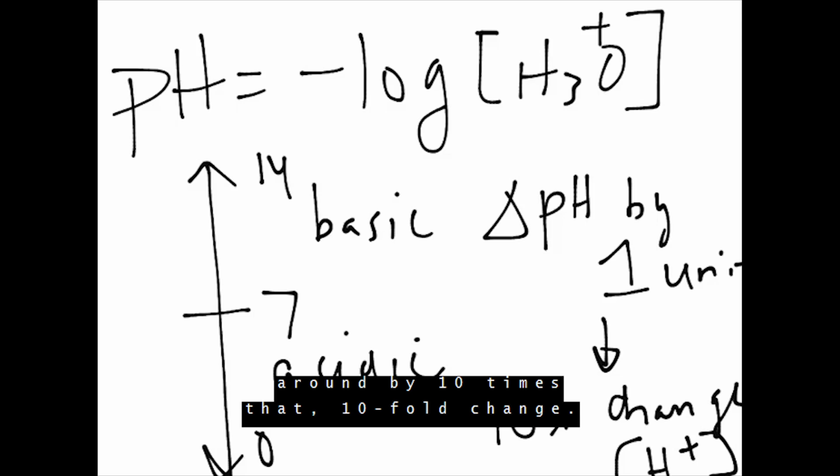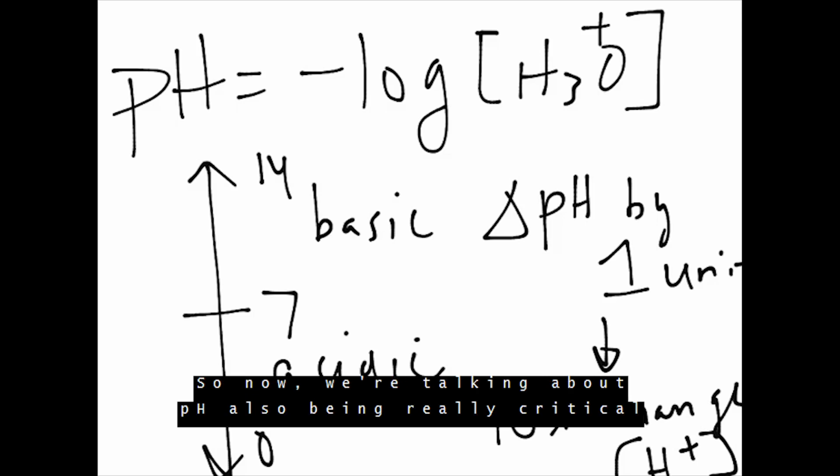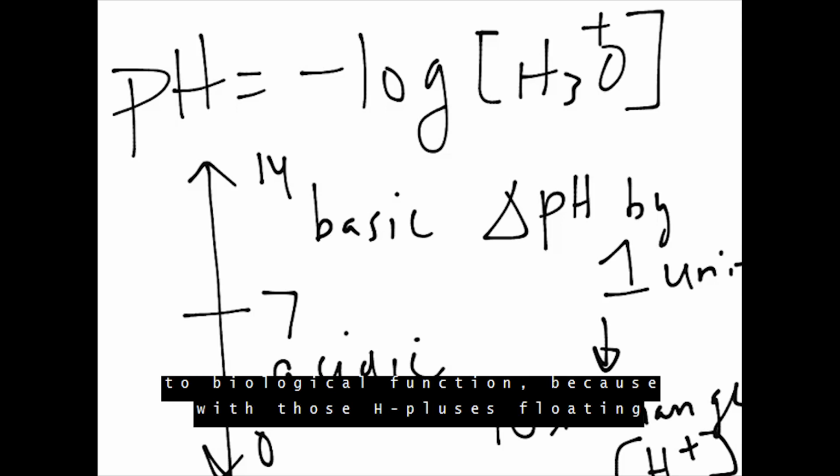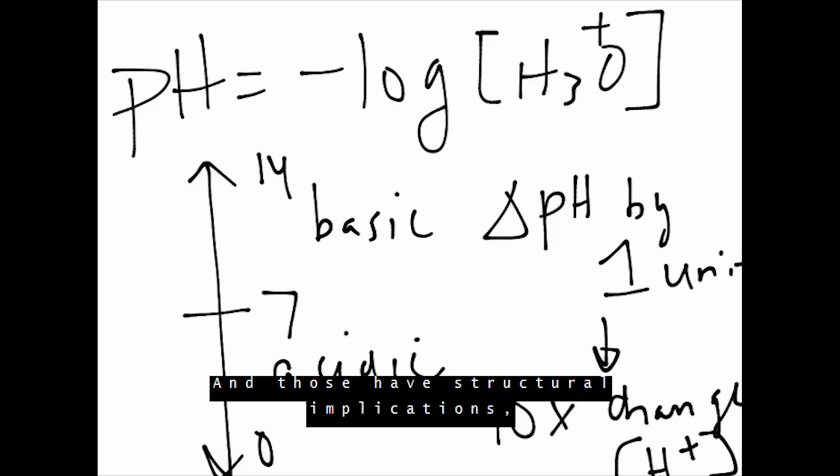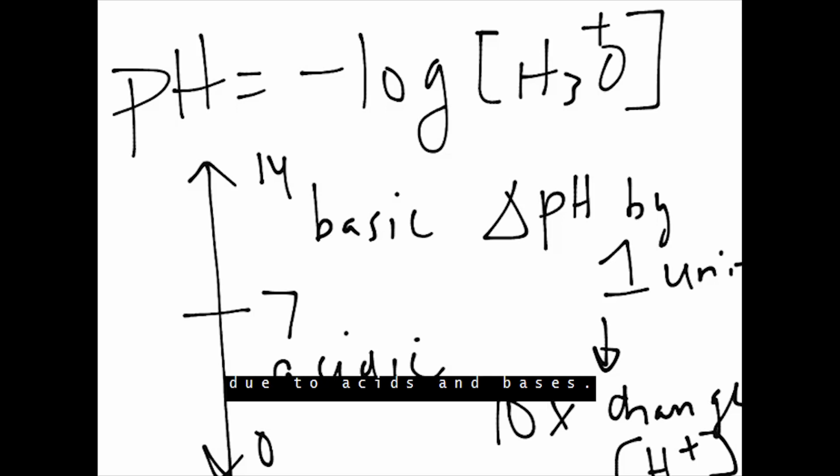Tenfold change. So now we're talking about pH also being really critical to biological function, because with those H pluses floating around, you start changing the protonation state of all of those acidic groups. And those have structural implications because you have ionic interactions, you have hydrogen bonding, and there are chemical considerations because now you have reactivity due to acids and bases.